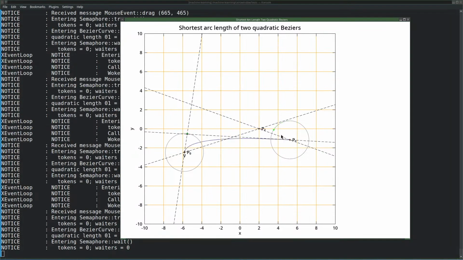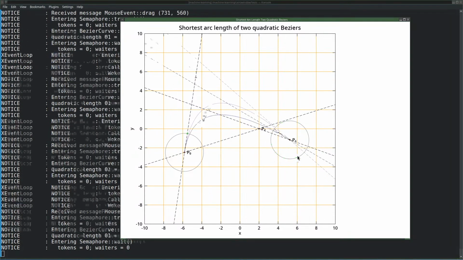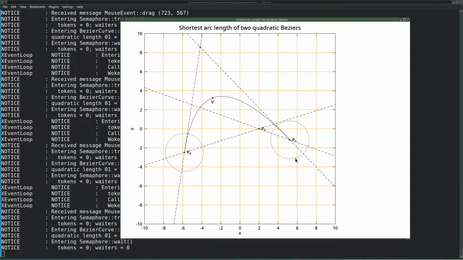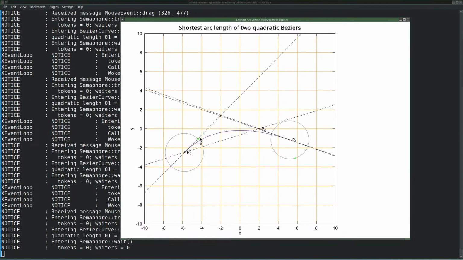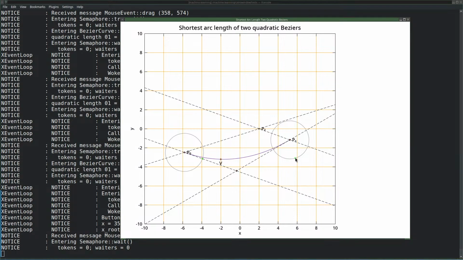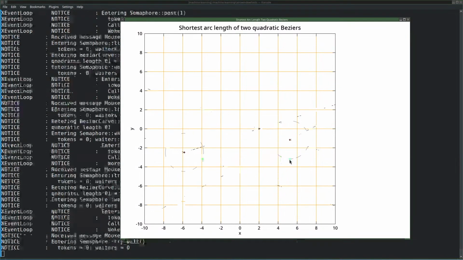No, it's totally tangent, man. I mean, this is really tangent to that curve, right? Yeah, this line, as well as that one. Okay, I see what you mean.